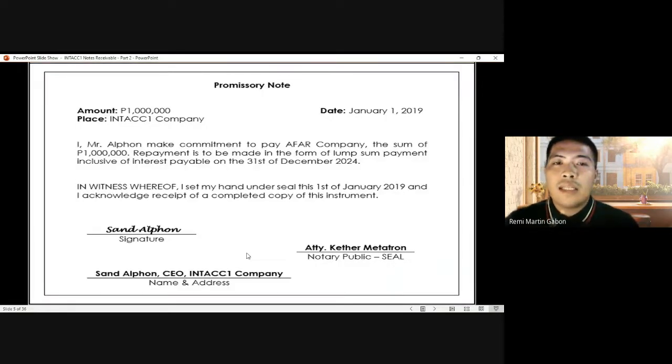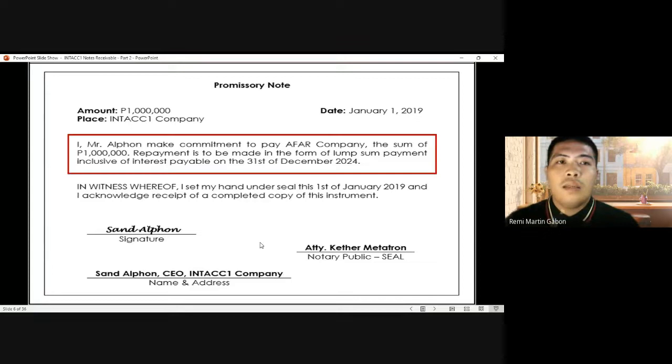So here is an example of a promissory note na non-interest bearing. If you can notice on that paragraph, unlike with the promissory note that I have presented yesterday, no interest has been provided there. Okay? No interest. Only a statement, promise to pay. Then we have the face amount.